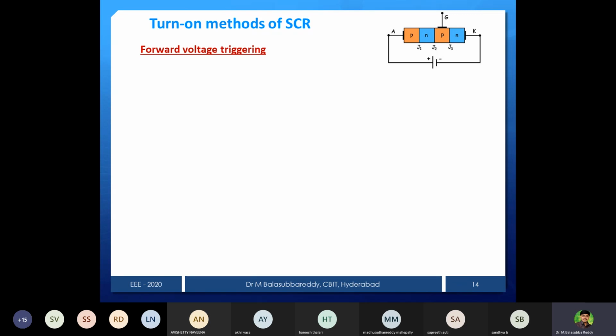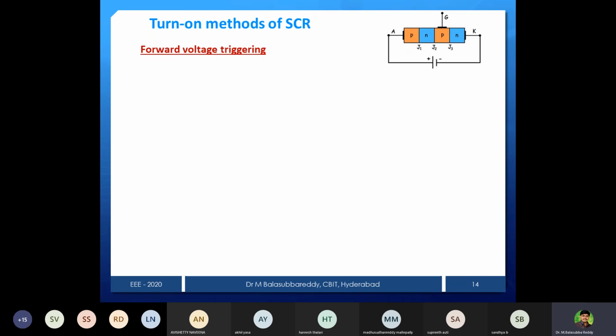Only junction J2 is reverse biased. So it won't allow any current to pass through the device except a very small leakage current. That leakage current is insufficient to break the junction J2.